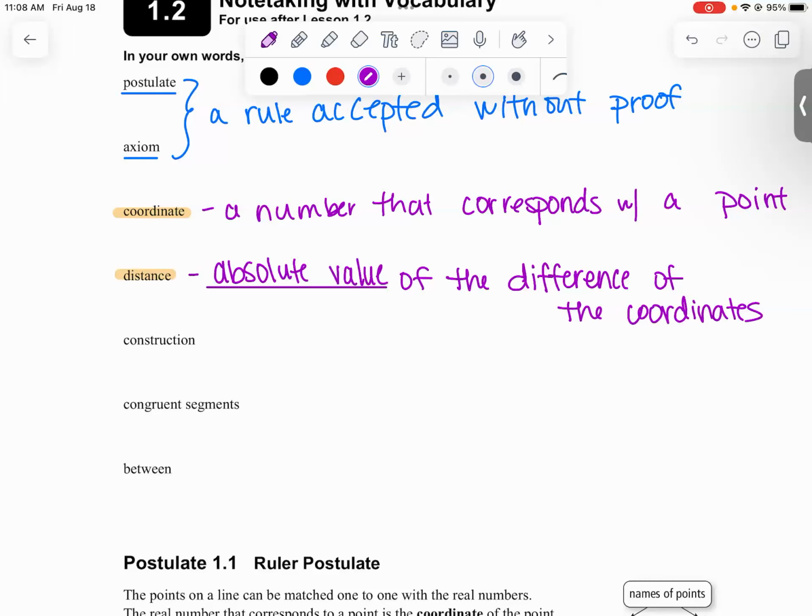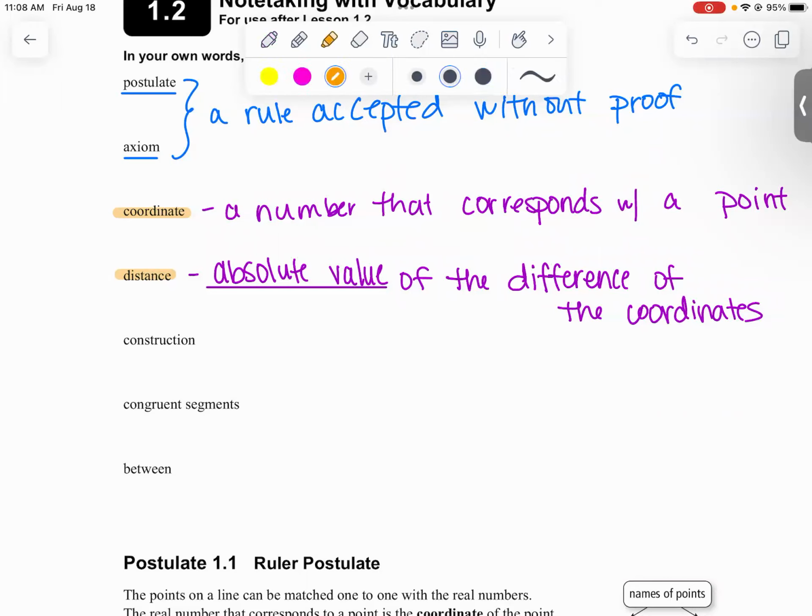Distance is always positive. Okay, today we're going to talk more about distance in just one dimension. Monday, we'll talk about distance on the coordinate plane, when it's not something we can just count with the grid lines.